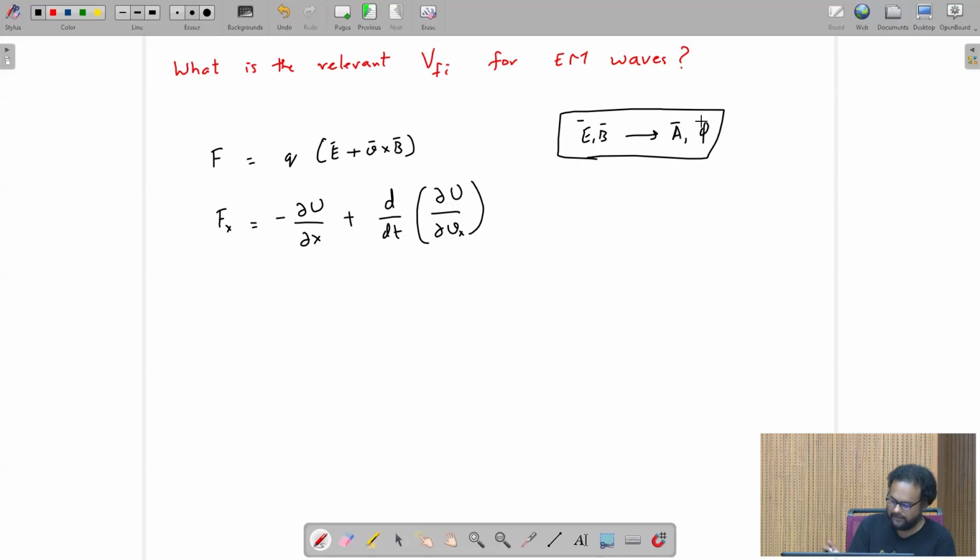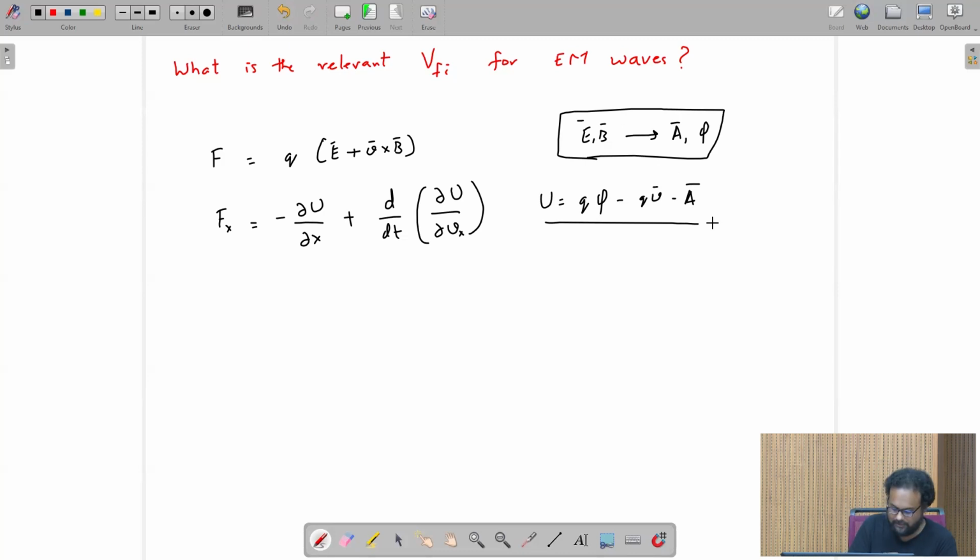Okay, so if I do that, then the potential energy associated with the electromagnetic field is given by this. We have to write out the classical Hamiltonian from this.